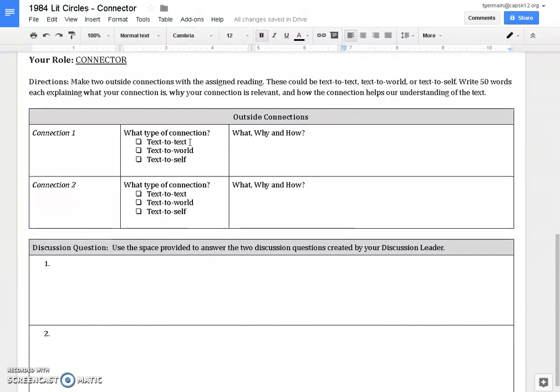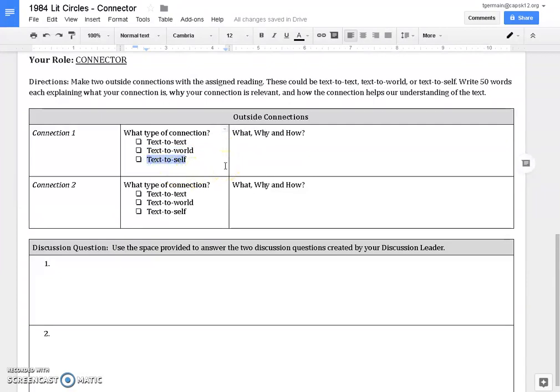A text-to-world connection would be when, as you're reading 1984, it reminds you of something that has happened in the world historically or something that is happening currently, where you're like, oh, this reminds me of this current event that I heard of, or this thing that I learned about in history class. The third type of connection is text to self.